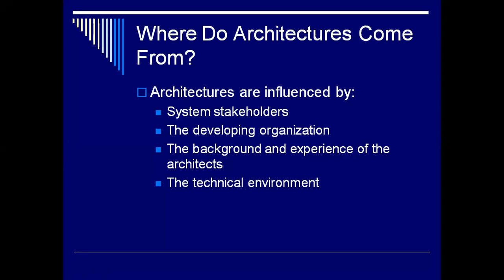The next, developing organizations, then the background and experience of the architects. This point I will explain later. And the third point is the technical environment. That means any architecture depends first upon system stakeholders, developing organization, and third the technical environment.